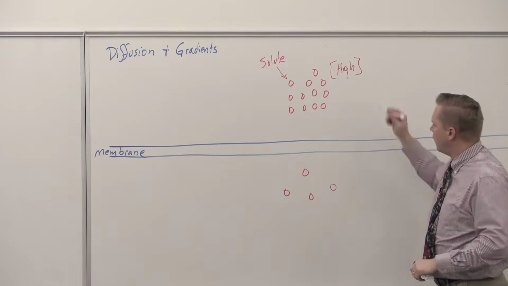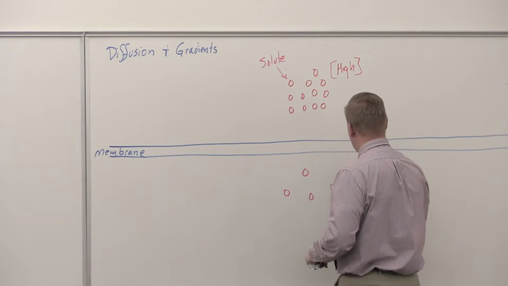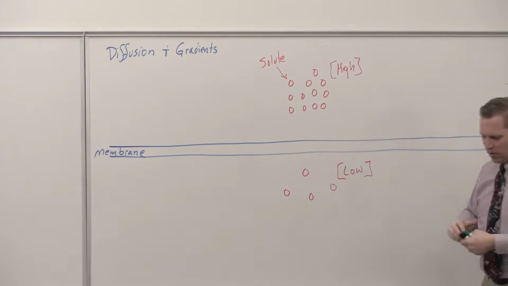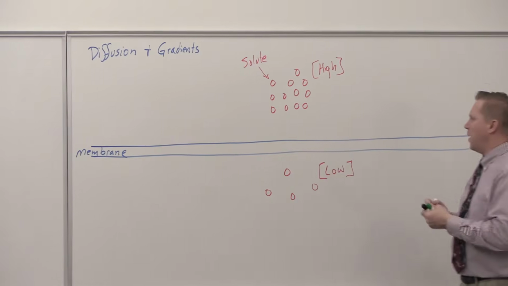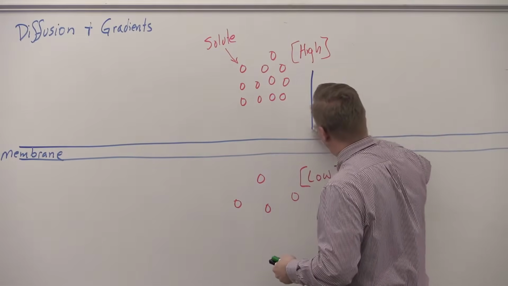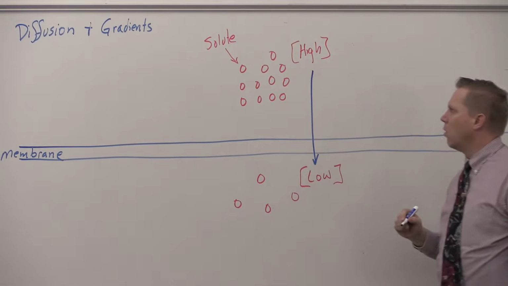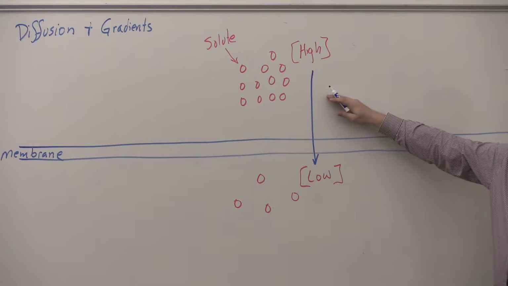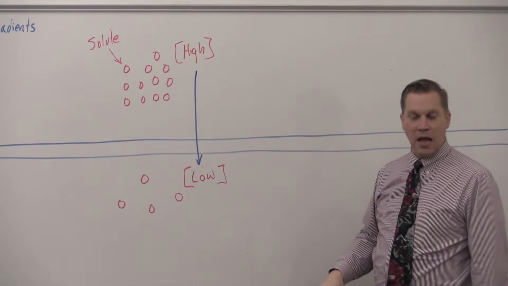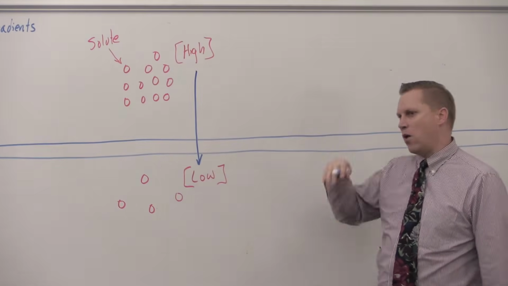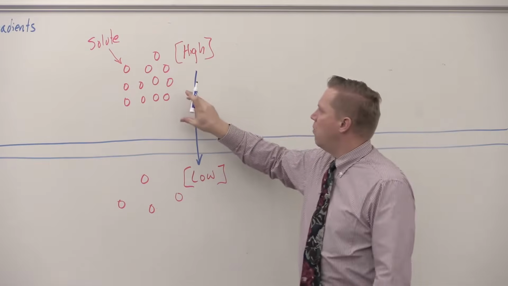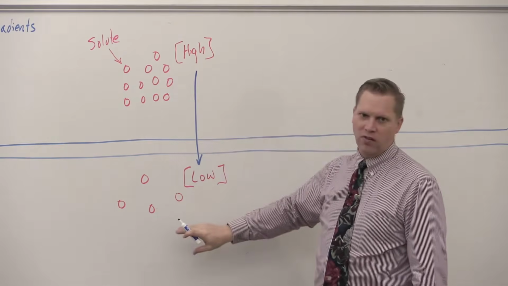So we have a high concentration on that side, and we have a low concentration of solute on that side. And what will happen, due to entropy, we're going to get a flow or a movement of that solute from high concentration to low concentration. And that just happens naturally. It's like water flowing downhill. Okay? So things will move from a high concentration to a low concentration.